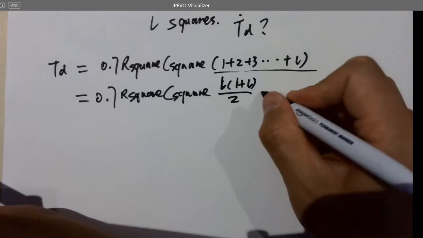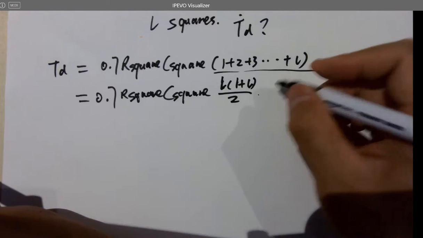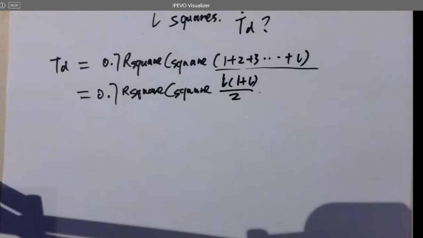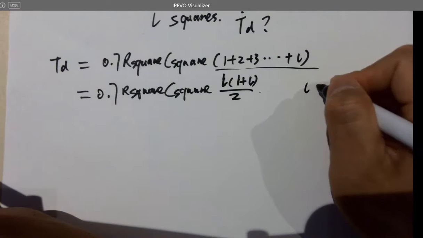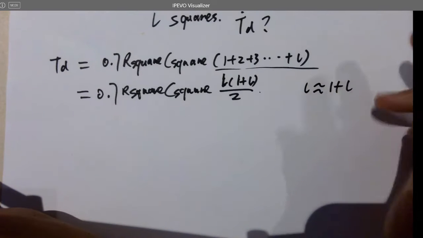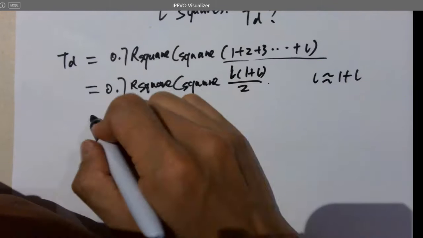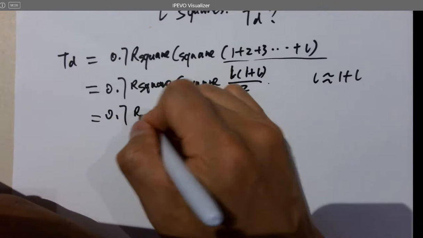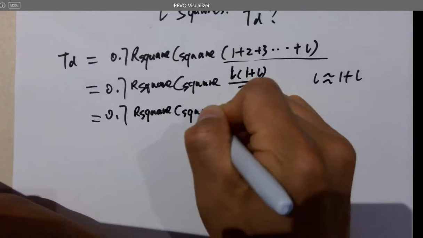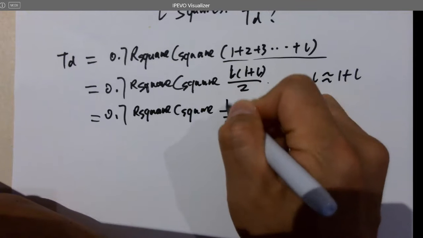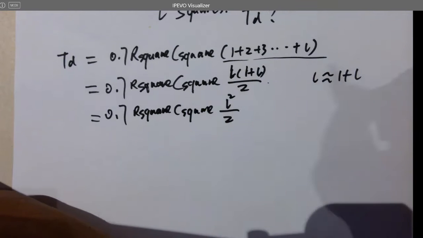And which is, let's assume the resistor is pretty long. So L is pretty much 1 plus L. And this becomes 0.7 times R square C square L square.